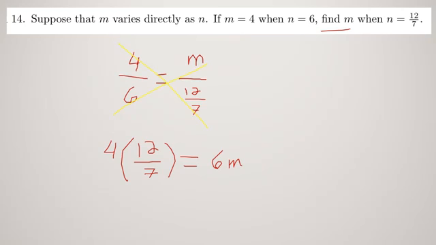Again, pag multiply nito, just remember na yung denominator ni 4 is 1. So, 4 times 12 is 48. 48 over 7 equals 6m. 6m yan.